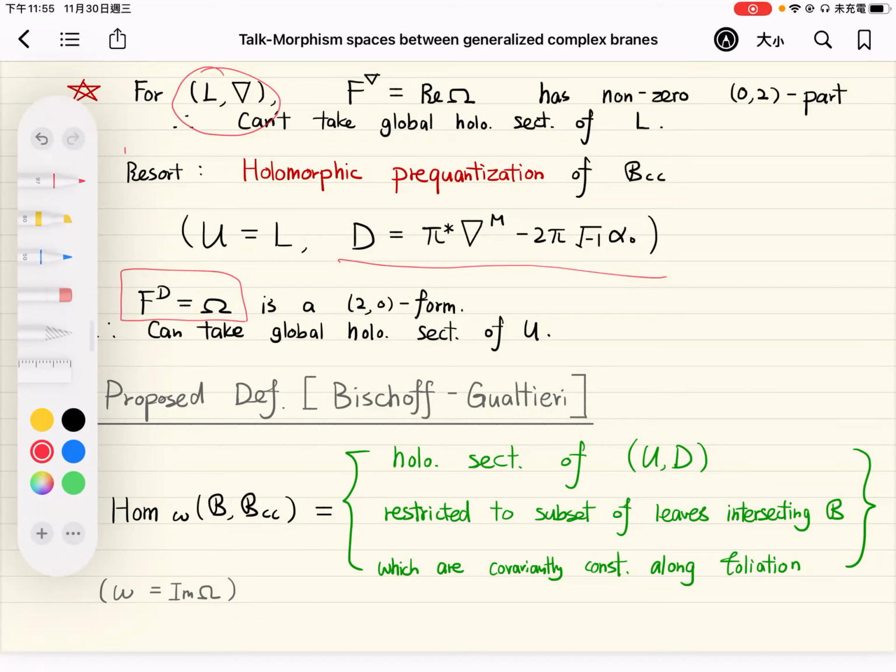Because Omega is a holomorphic symplectic form, it is a (2,0) form, so you can retake the holomorphic sections. The proposed definition is that the morphism space between B and B_CC can be computed by a certain kind of geometric quantization: we take the holomorphic sections of this new bundle, restricted to the subset of leaves intersecting B, which are covariant constant along the polarization.